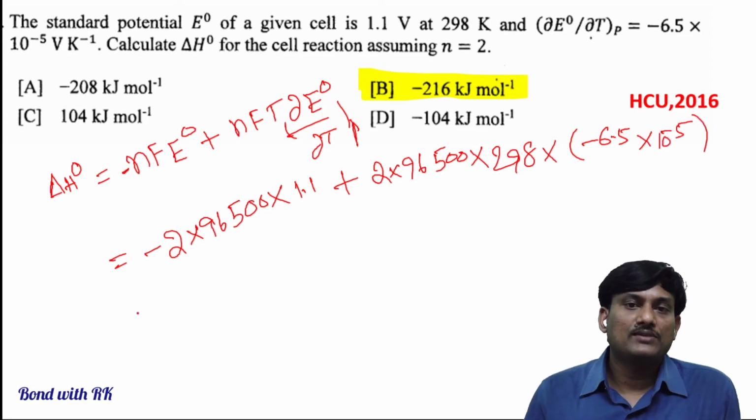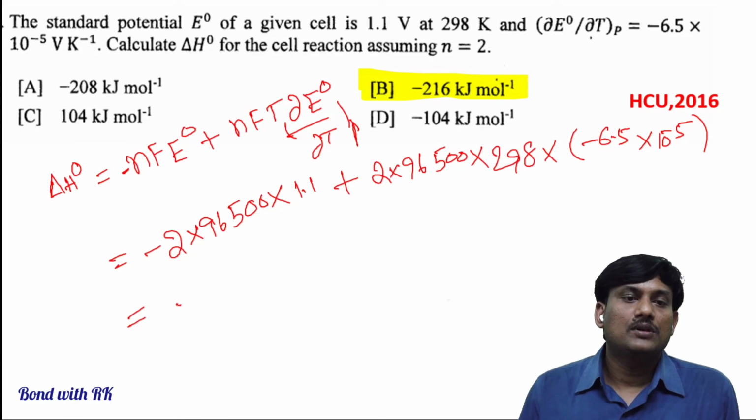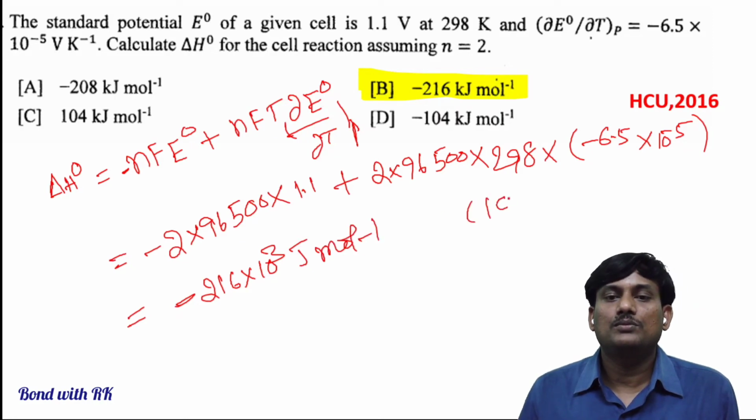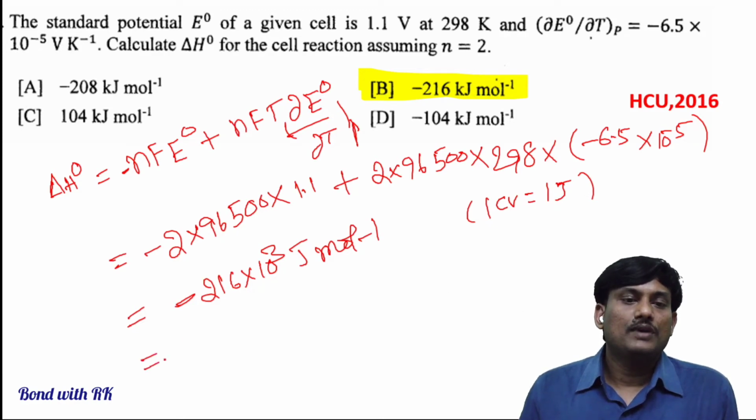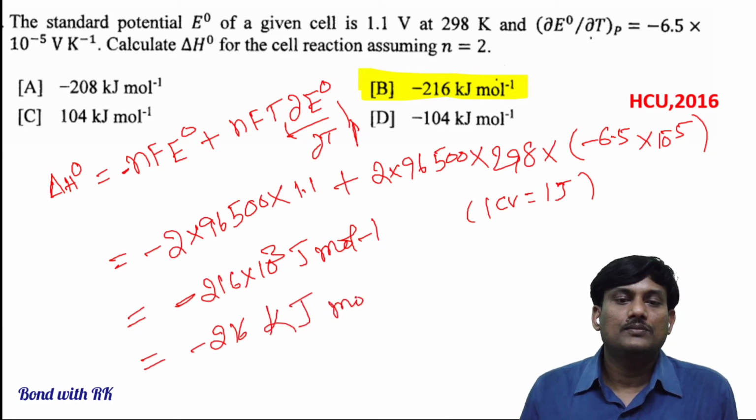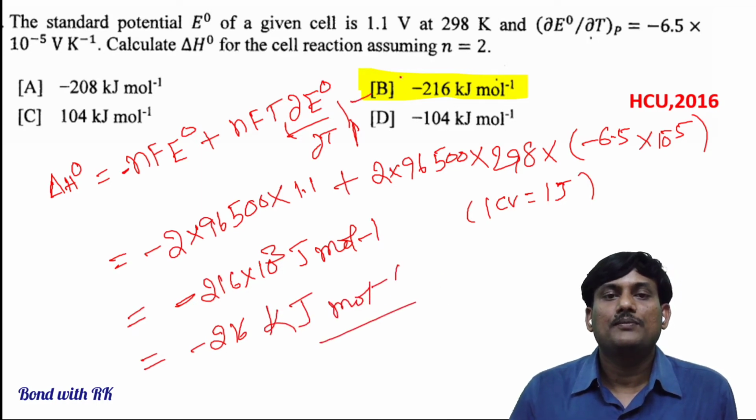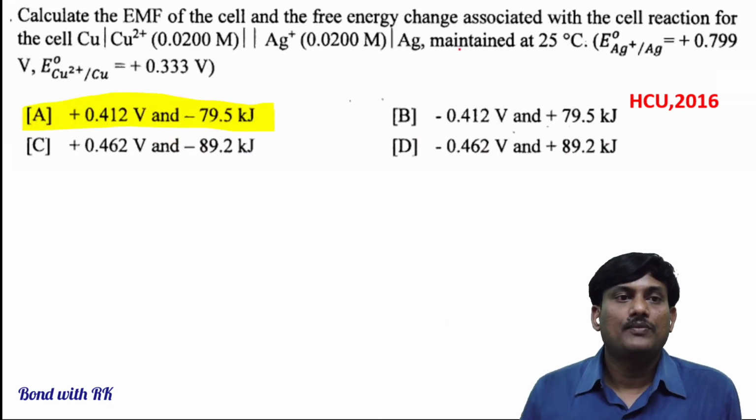After simplification, you will get around minus 216 into 10 cube joules mole inverse. We know that 1 coulomb volt is 1 joule. So finally, when it is converted into kilojoules, it will be minus 216 kilojoule mole inverse. So this is the correct option.